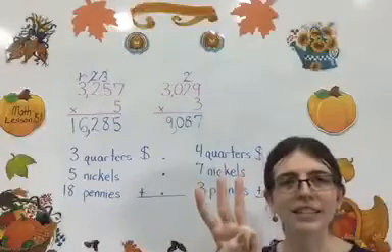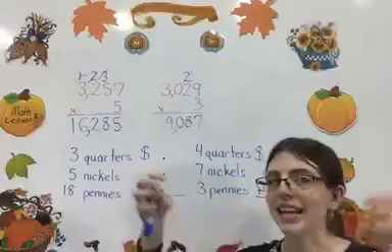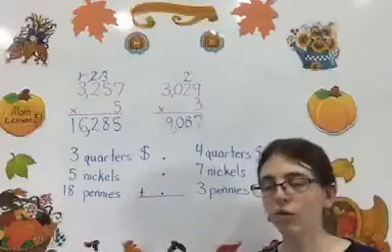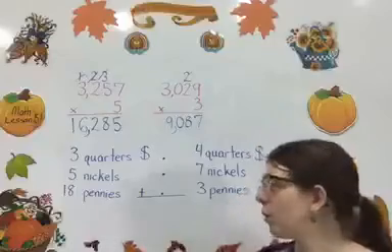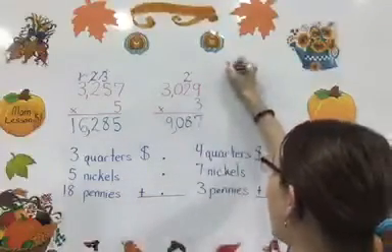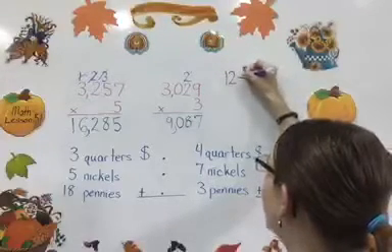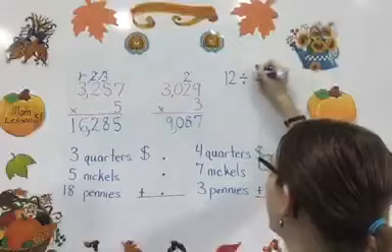So that means she's taking the 12 cups and she's going to divide it into 3 groups. So in your workspace, you need to write that you have 12, because that's what you're starting with, divided by 3.